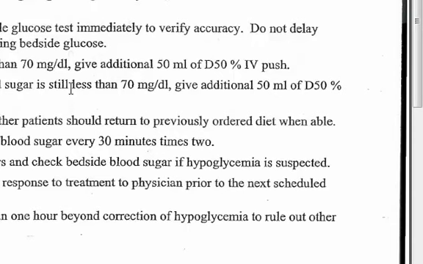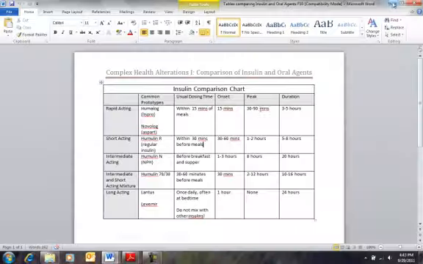So for any patient that's diabetic that's receiving insulin, you're always going to be monitoring for those symptoms of hypoglycemia and then reacting appropriately. As you know, if it's not treated appropriately, they have the life-threatening complication of a coma that they may not be able to recover from.